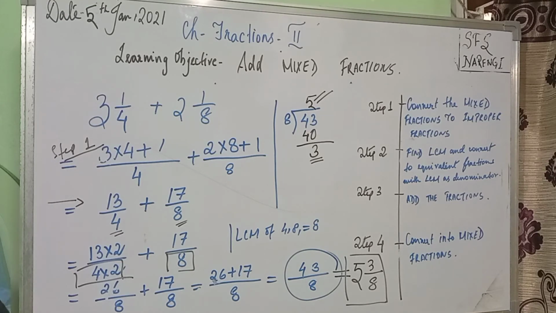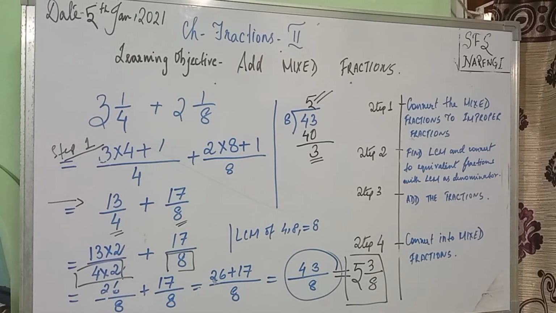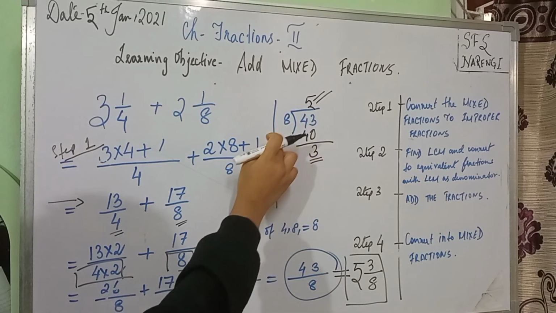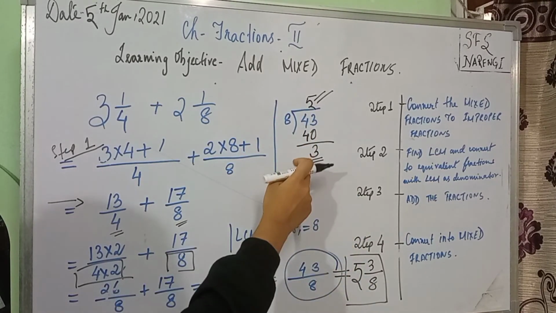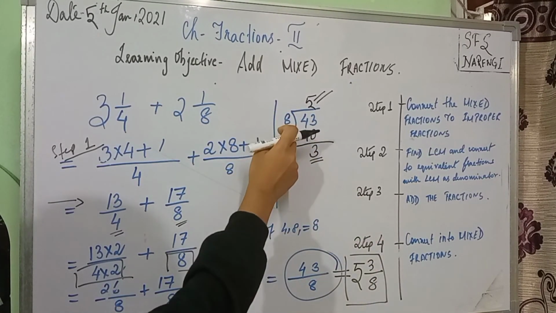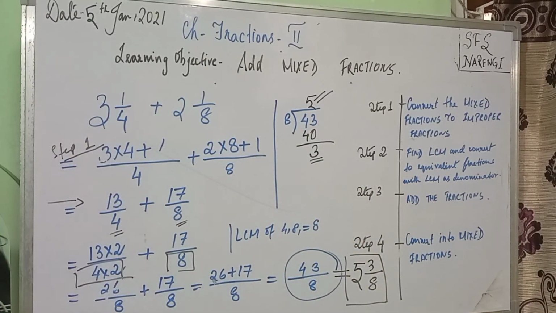After we add up the numerators and see that the numerator is greater than the denominator, there is one more step to be done. They have to be converted into mixed fractions. To convert improper fractions into mixed fractions, we divide the numerator by the denominator. The quotient becomes the whole number, the remainder becomes the numerator, and the divisor becomes the denominator. I hope it is clear to you.